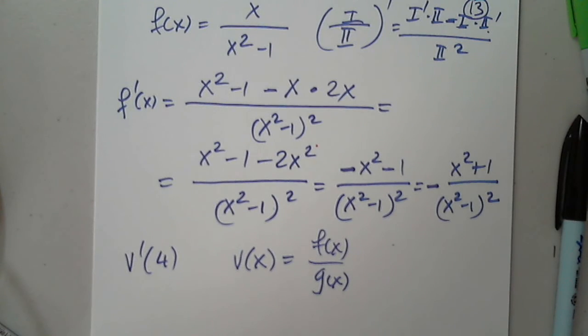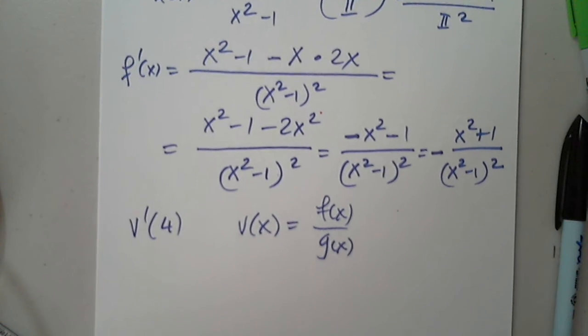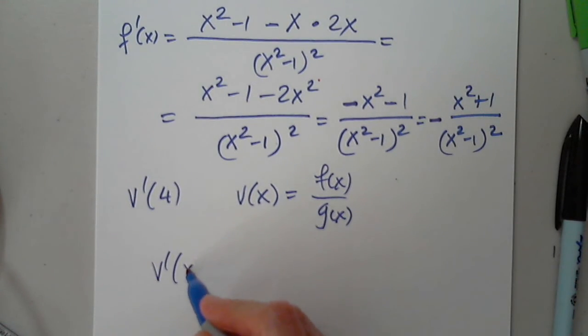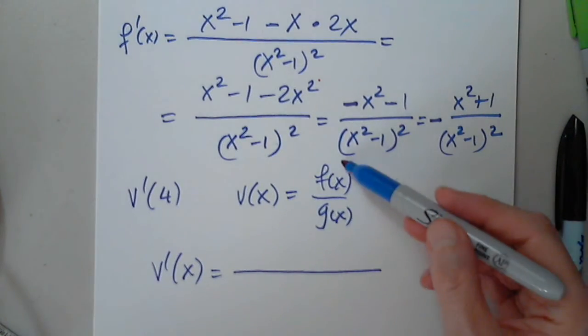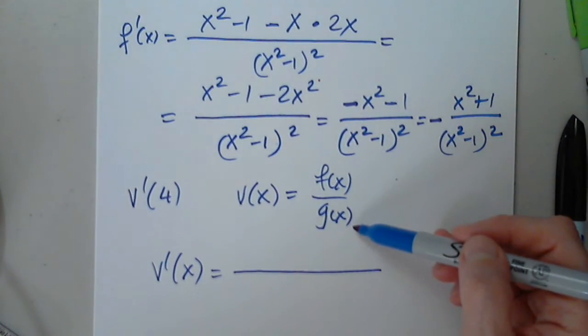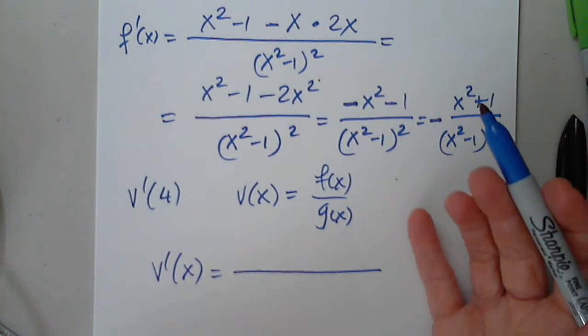Okay, so regardless of what we are asked to do, eventually, we have to determine the function first. So I have to find v prime of x. But v prime of x, I see that this is a ratio. And because it's a ratio, I have to use the quotient rule.